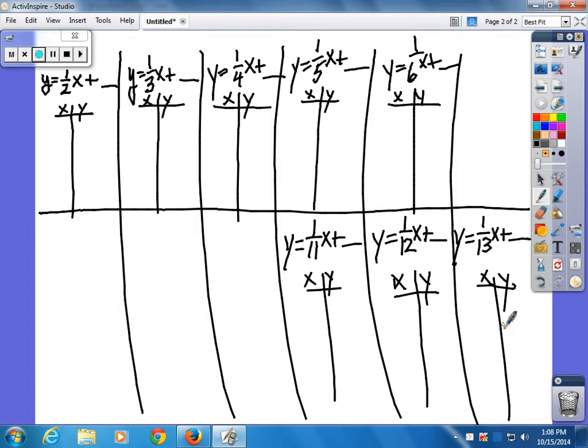All right, somebody tell me what points I'm going to pick for x on this one. Multiples of the denominator. What's the denominator? 2. So that'd be -4, -2, 0, 2, and 4. Here, what's 3? -6, -3, 0, 3, 6.